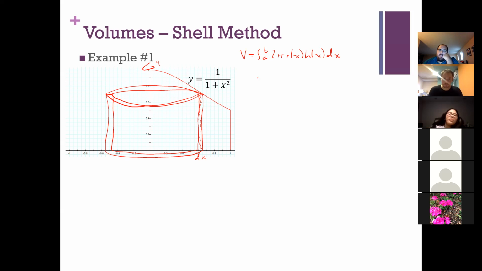So now, just like last night when we were finding expressions for outer radius, things like that, we need to find these 2 building blocks here. We need to express the radius in terms of x, and we need to express the height in terms of x.